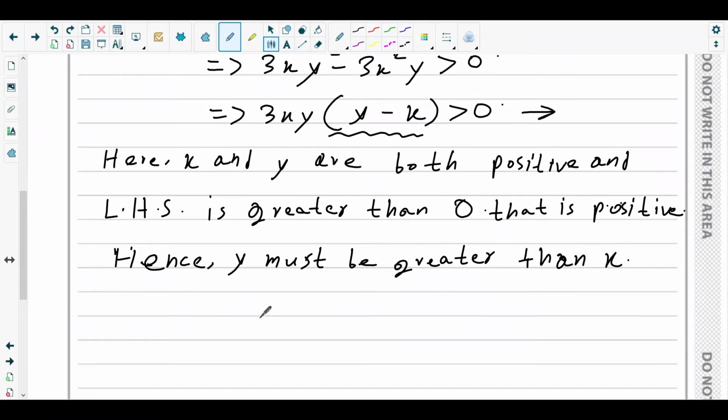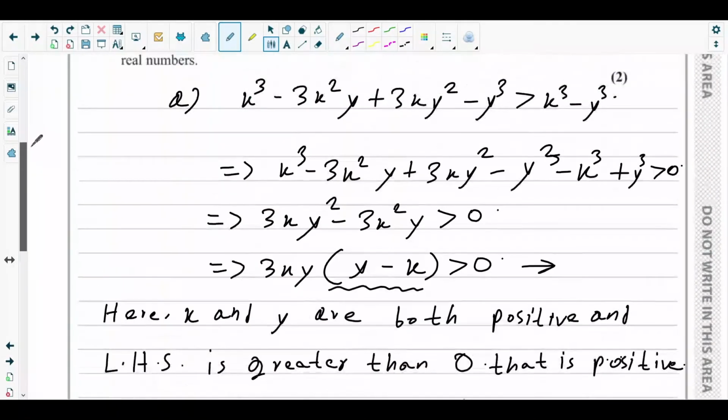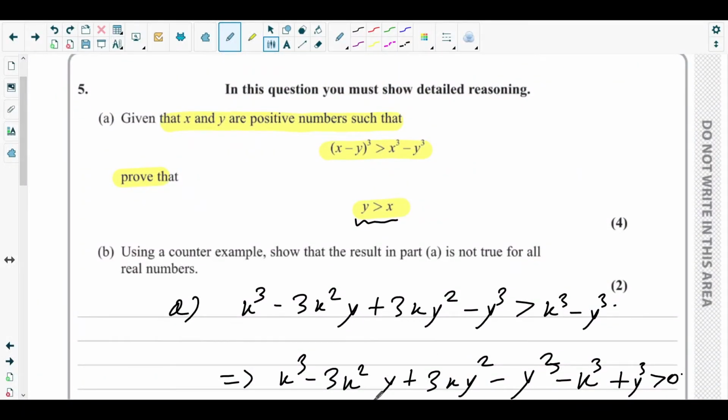So that means y must be greater than x. Therefore it is proven, y greater than x. That's it. That's what part A of question number 5 has asked for.